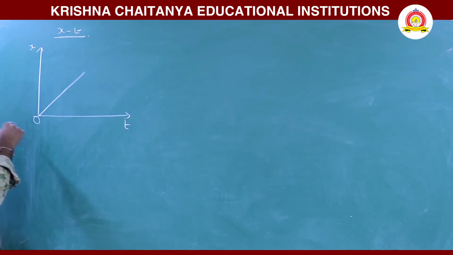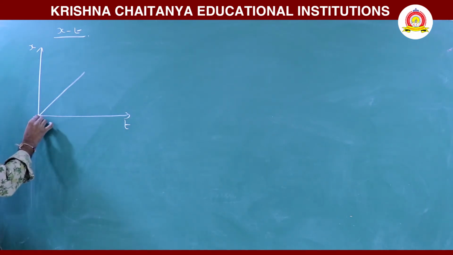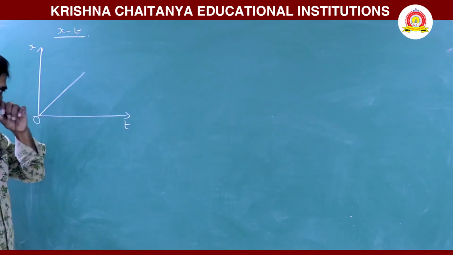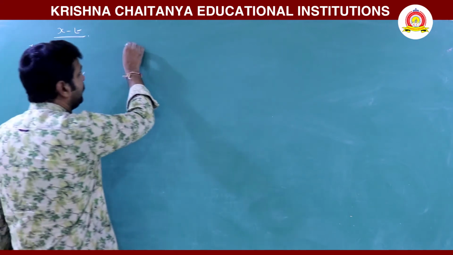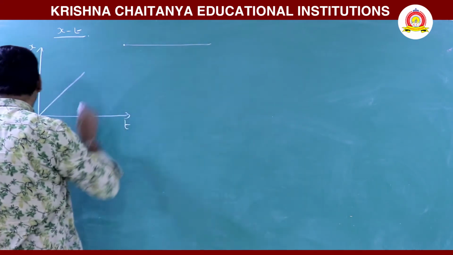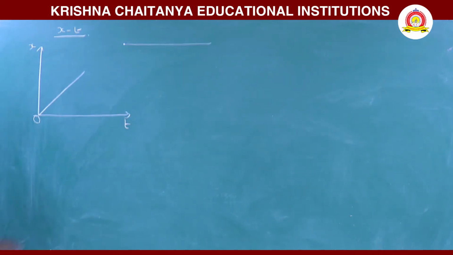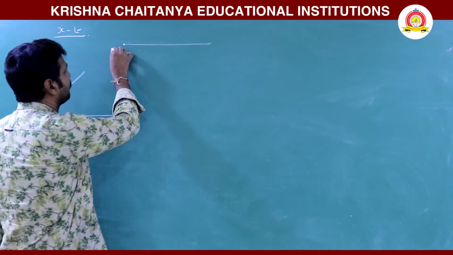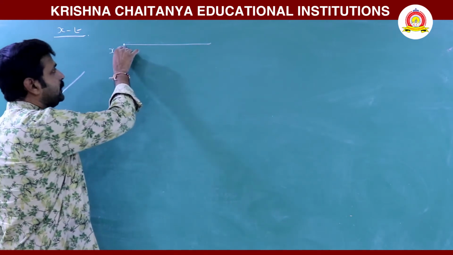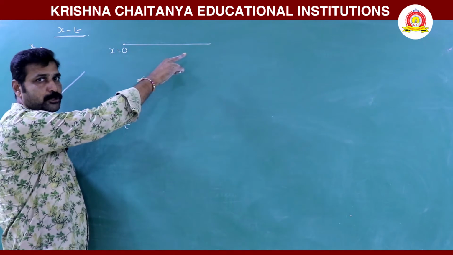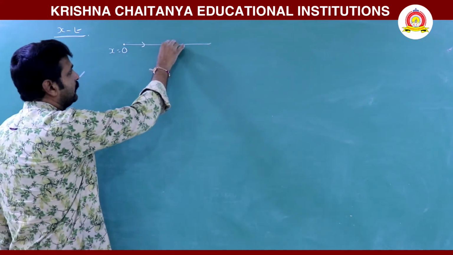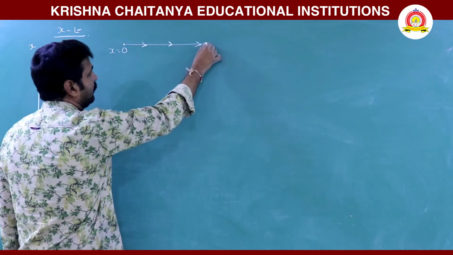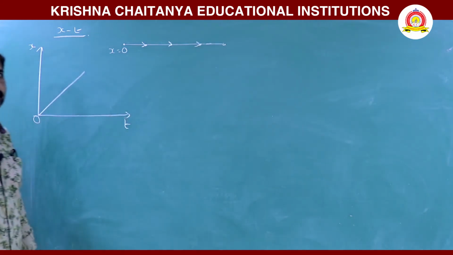Since the graph starts from the origin at t is equal to 0, position is 0, that means in our one-dimensional motion, when t is equal to 0, x is equal to 0, so the body starts from the origin. And as time increases, the body travels equal distances.